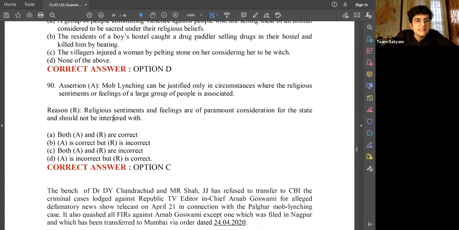Now again 90, this is an assertion reason question that I was talking about, which is mostly seen in the A-Lit papers. But if you see over here, the reason: religious sentiments and feelings are of paramount consideration for the state and should not be interfered with. So how do you know this? You know this because ideally speaking, in a secular country and a constitution which declares the country to be secular, the state should not have any role in religion, and especially in the nature it is being told to you in the reason.